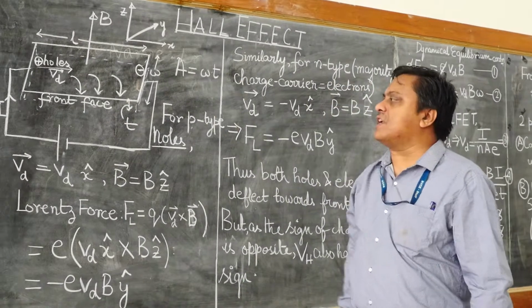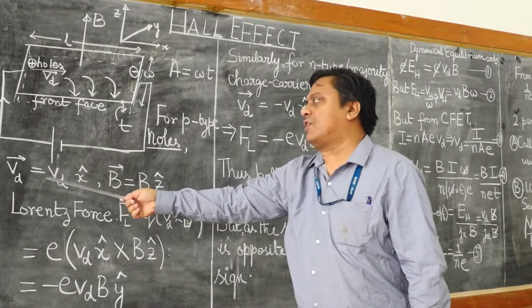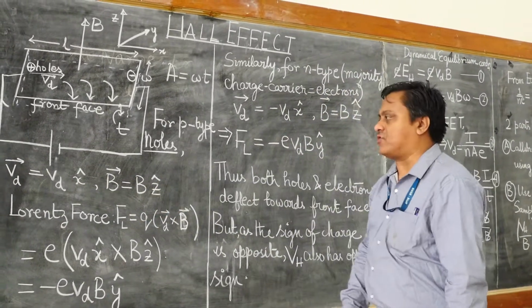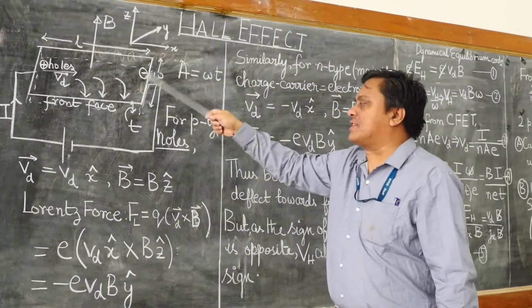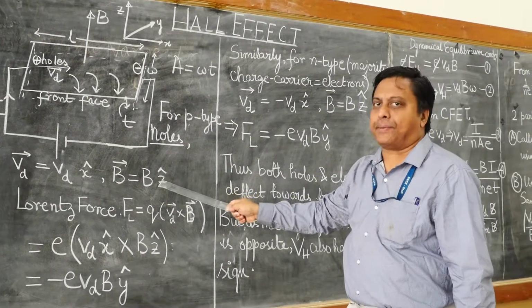So in this Cartesian coordinate representation, the drift velocity is Vd equal to scalar Vd times x cap, which is a unit vector along the x direction, and the magnetic field is perpendicular to the sample, which is magnitude of the magnetic field B times z cap.